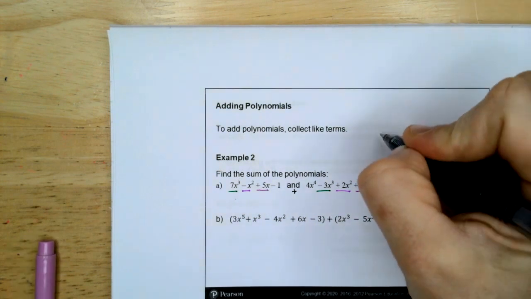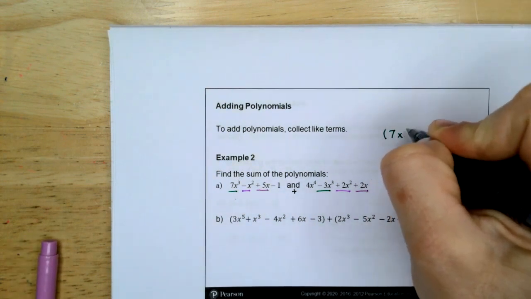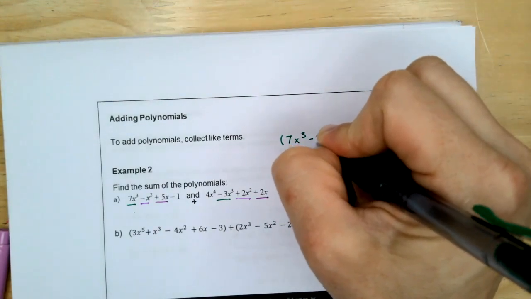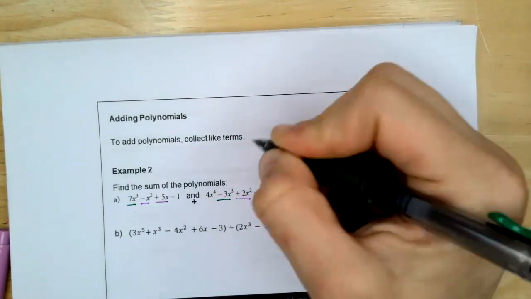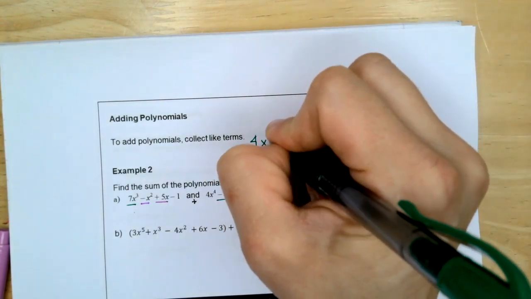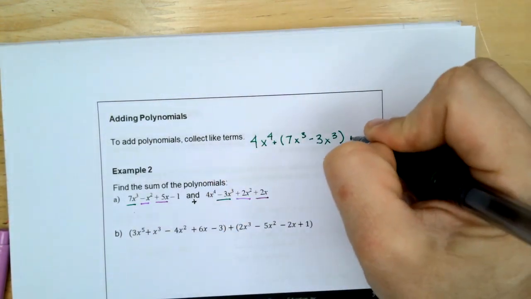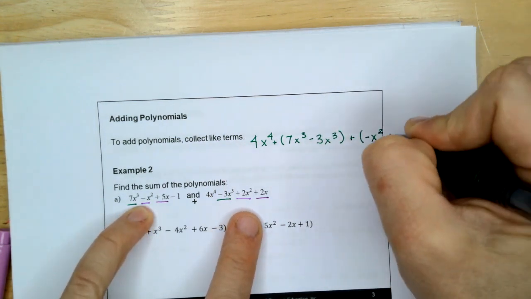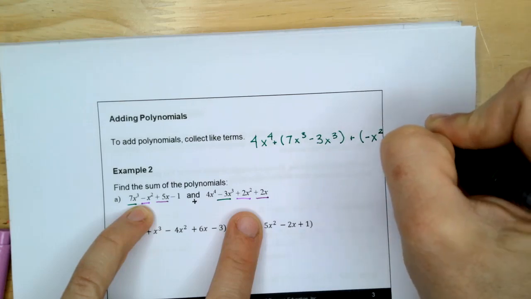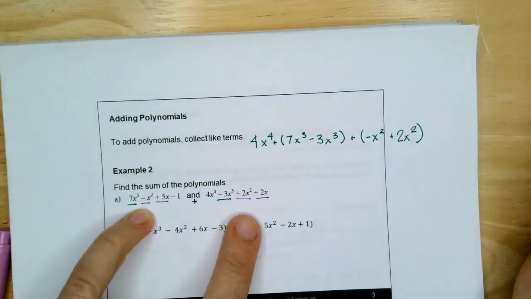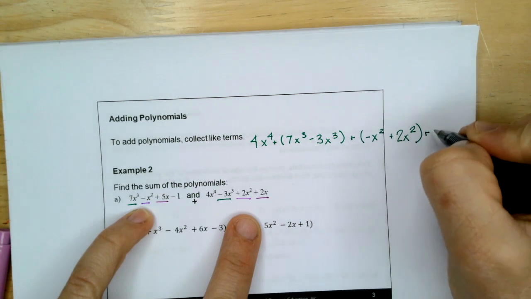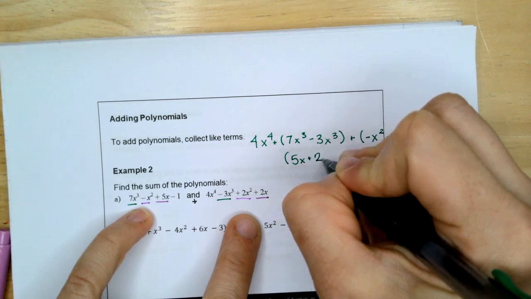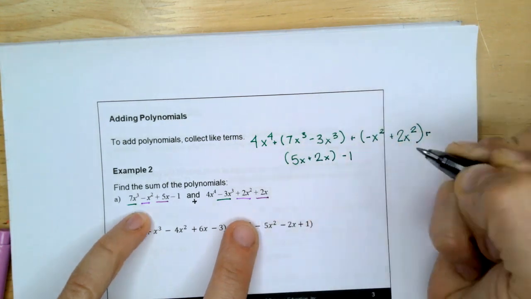So what you'll have is 7x to the third minus 3x to the third. But in front of that, you'll have 4x to the fourth. And then you'll have negative x squared plus 2x squared. Then you'll have 5x plus 2x minus 1.